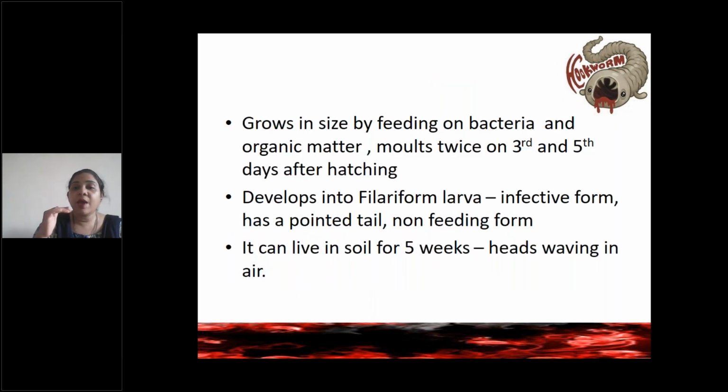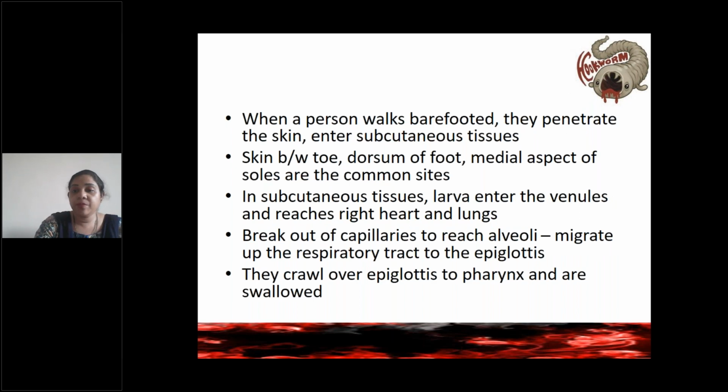This rhabditiform larva grows in size by feeding on bacteria and organic matter, and in the soil itself it will molt 2 times. After molting, they transform into filariform larvae. This filariform larva is the infective stage to man.